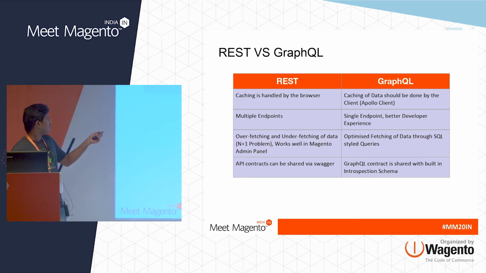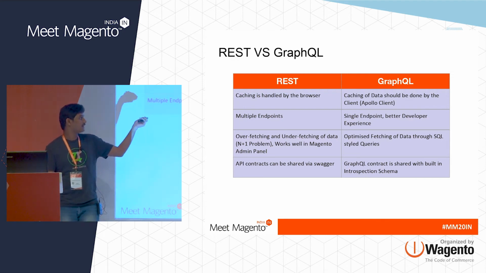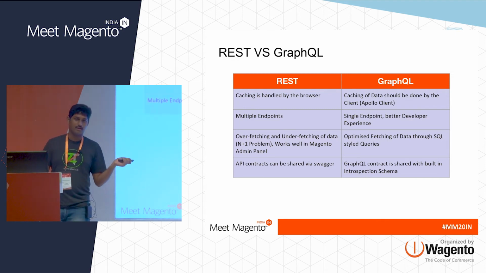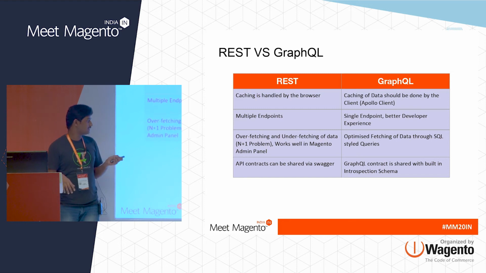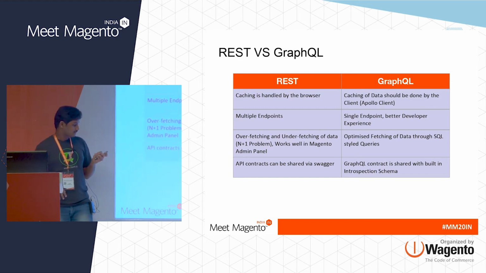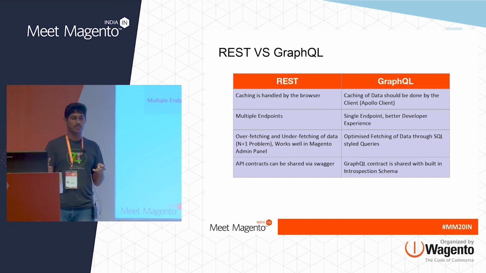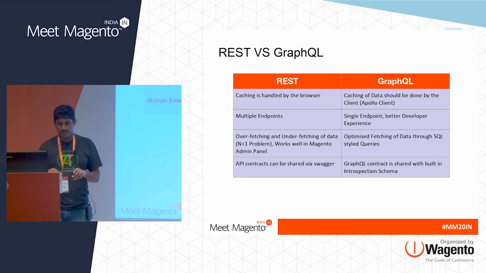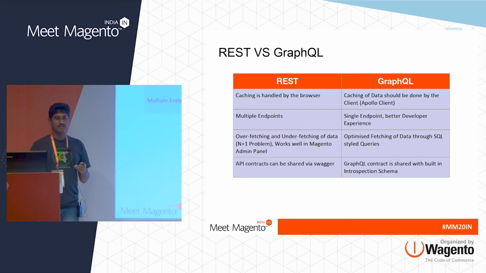The next point is that in REST we have multiple endpoints, and in GraphQL there is a single endpoint, which gives a better developer experience. When you say multiple endpoints, it doesn't mean that it is hard to remember them, because you can have a Swagger API. But it depends when you expose it to a third-party vendor.